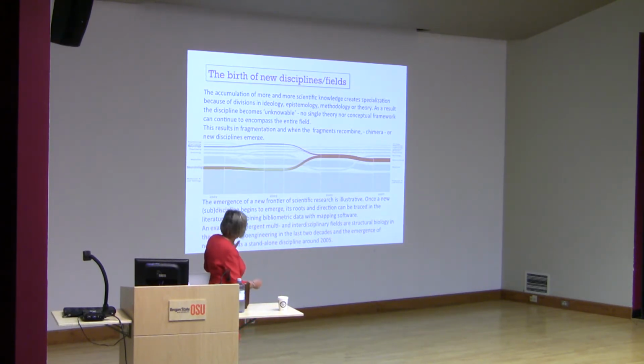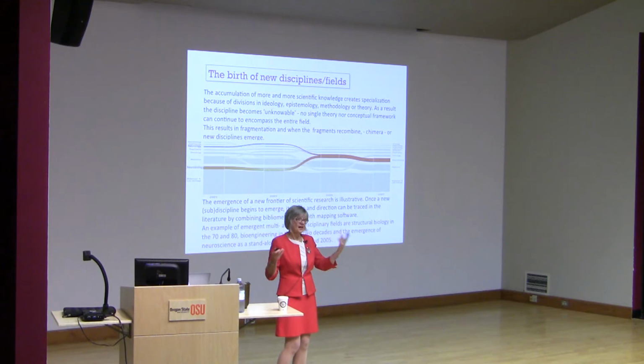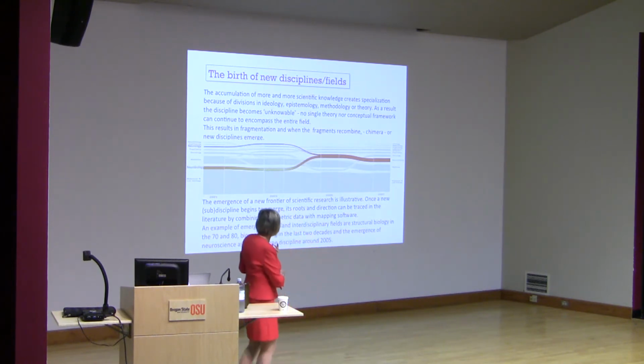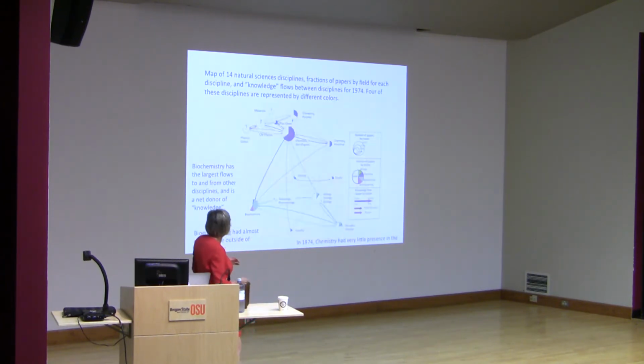And what I've shown in this diagram here is the birth of what's called neuroscience that emerged around 2005 as a standalone discipline. And you can actually see, just following citation patterns in the literature, that there were 2 independent branches, neurology and neurobiology. And by now, it's all one discipline that's called neurosciences.